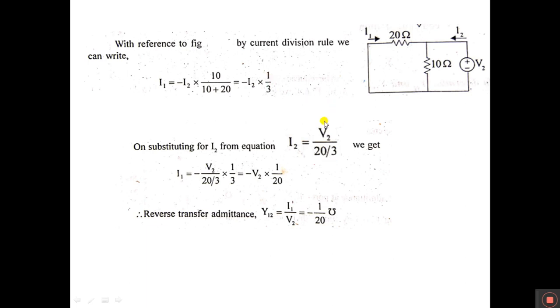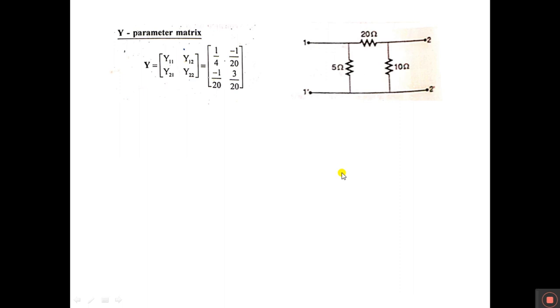So V2 by 20 by 3 into 1 by 3, this 3 goes to the numerator, so 3 and 3 cancel, and you will get minus V2 into 1 by 20. Now the equation for Y12 is I1 by V2. Now you will get minus 1 by 20 mho. So this is the final matrix Y11, Y12, Y21, Y22.